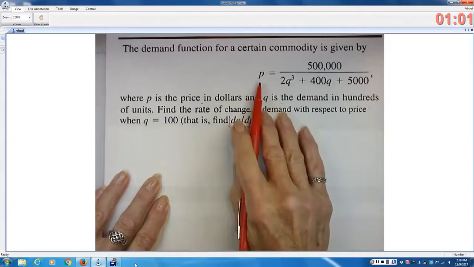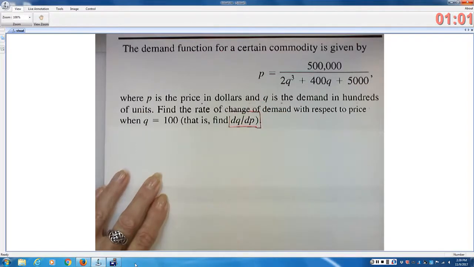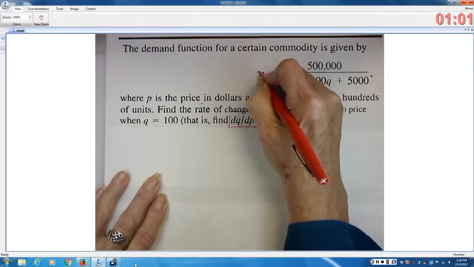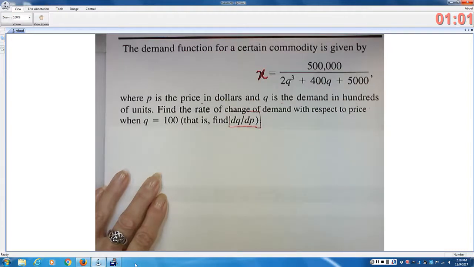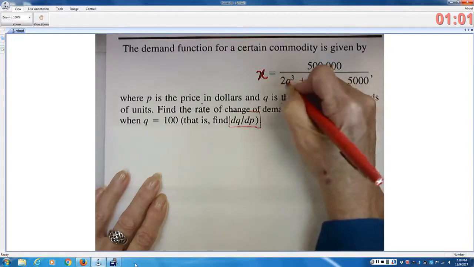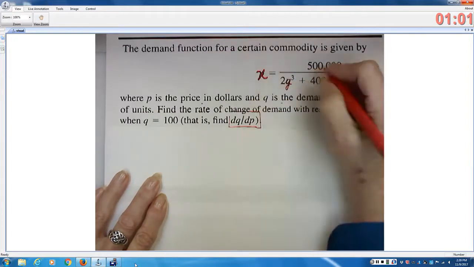What's the derivative of P? Let me change things around and make it a little easier for you. P is X. Q is Y.